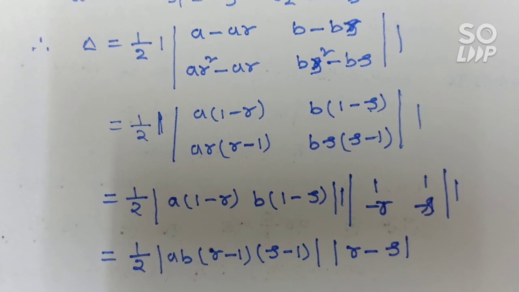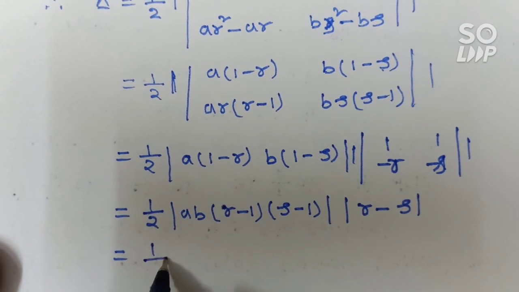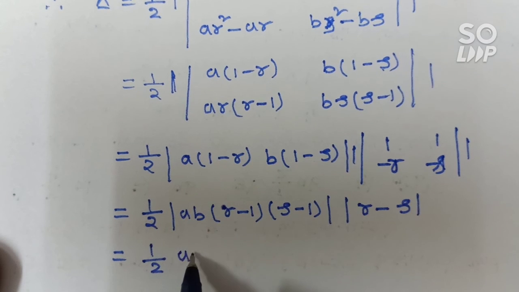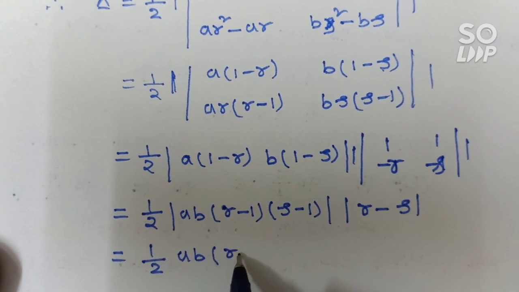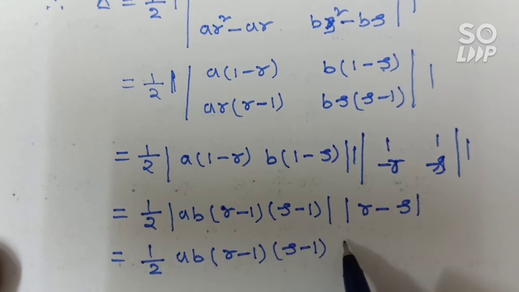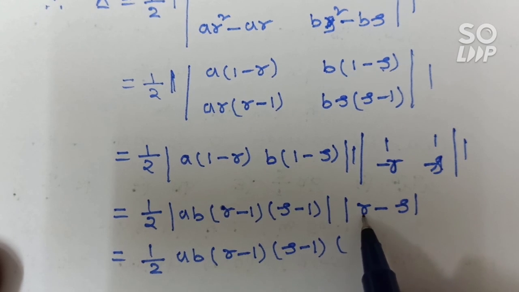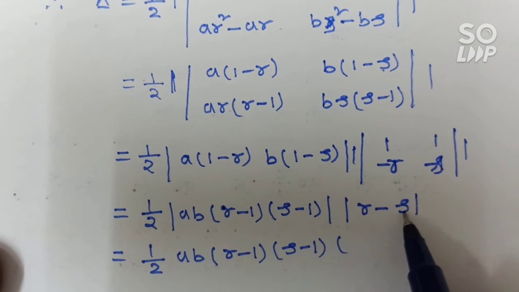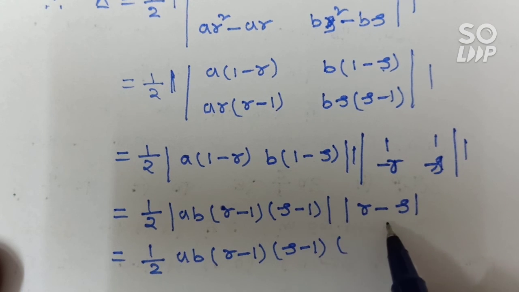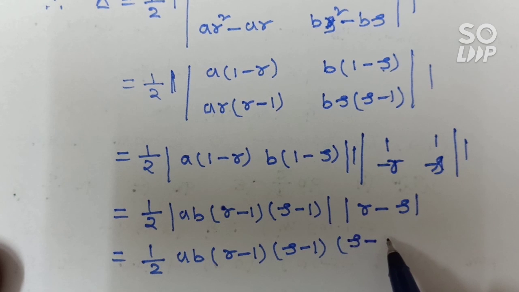So finally, 1 by 2 into ab into r minus 1 into s minus 1 into this value. Since there is a modulus, even by taking the negative sign there is no change in this value, so you can write it as s minus r.